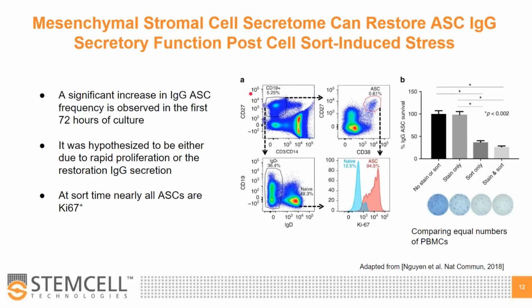And so in A here, they show that at the sort time, when they look at their antibody secreting cell population, almost 95% of these cells are Ki67 positive, suggesting that most of these cells were recently rapidly proliferating. They also show that when you compare equal numbers of PBMCs, sorting actually diminishes your percentage of IgG antibody secreting cell survival, demonstrating that the sort seems to cause a great reduction on the first day.